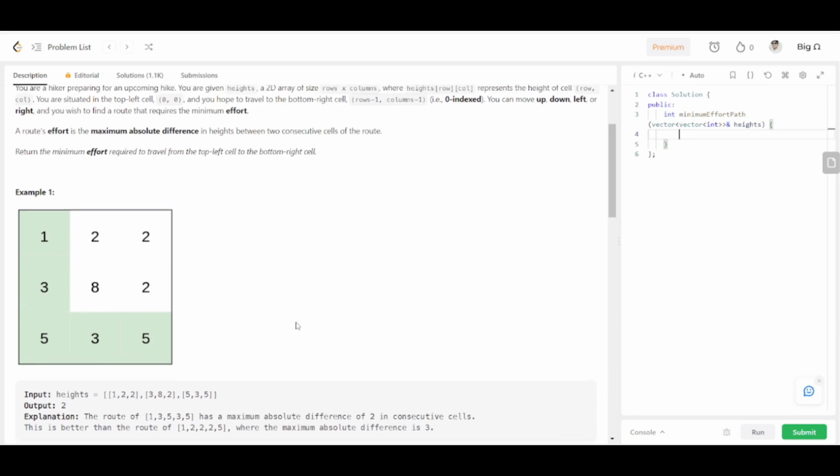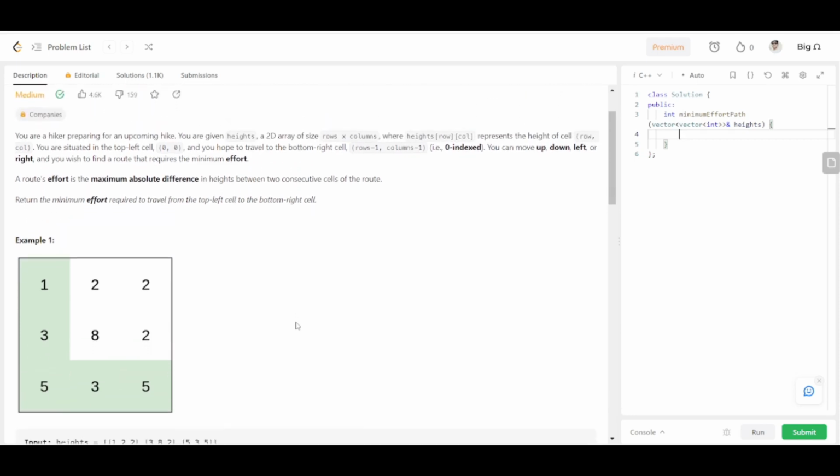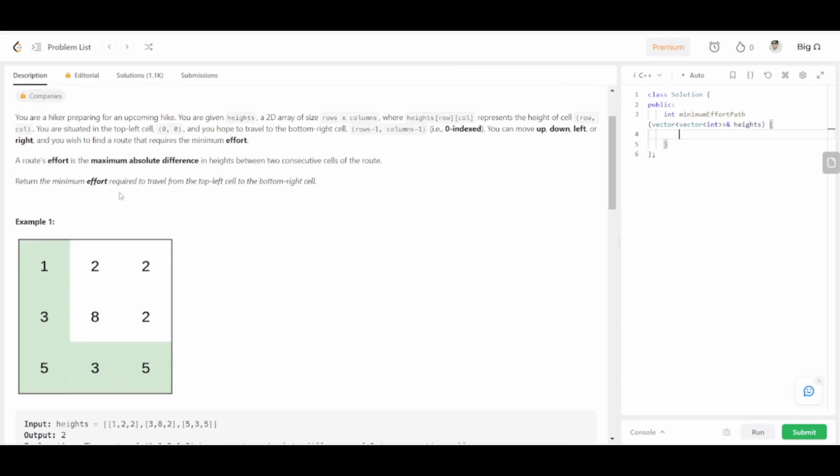So we have to minimize something. You can see that we can use binary search to solve this problem, like return the minimum effort. We have to minimize the answer. The answer is the effort here. So that means find out the appropriate range of the effort. What would be the range of this effort?